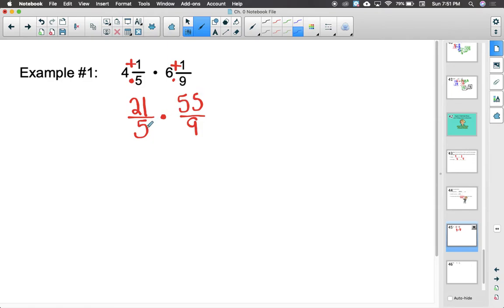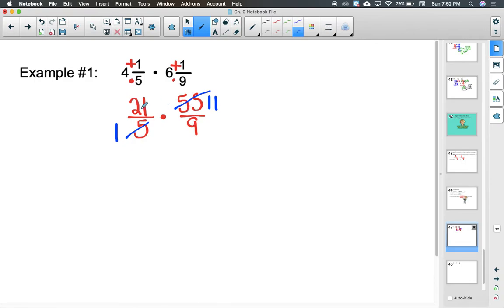And we say, well, what common factors do they have? Well, I know they can both be divided by 1 because all numbers have that 1 as a factor, but these two numbers can also be divided by 5. 5 divided by 5 is 1, and 55 divided by 5 is 11. So we can do that simplifying, and we're already making our problem a little bit easier.